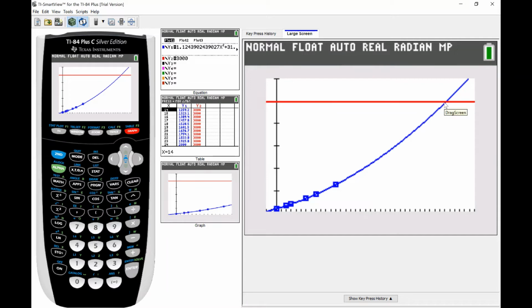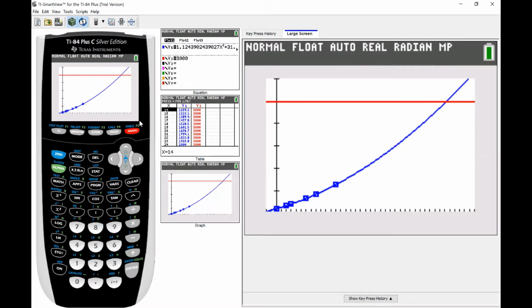Awesome. So now I need to find that point of intersection, because where this line, this Y equals 3,000, is the point right here in which the Y value is 3,000. So what is that X value? So we're going to calculate the point of intersection. Now that we're in our graph, I'm going to go to calc, right?